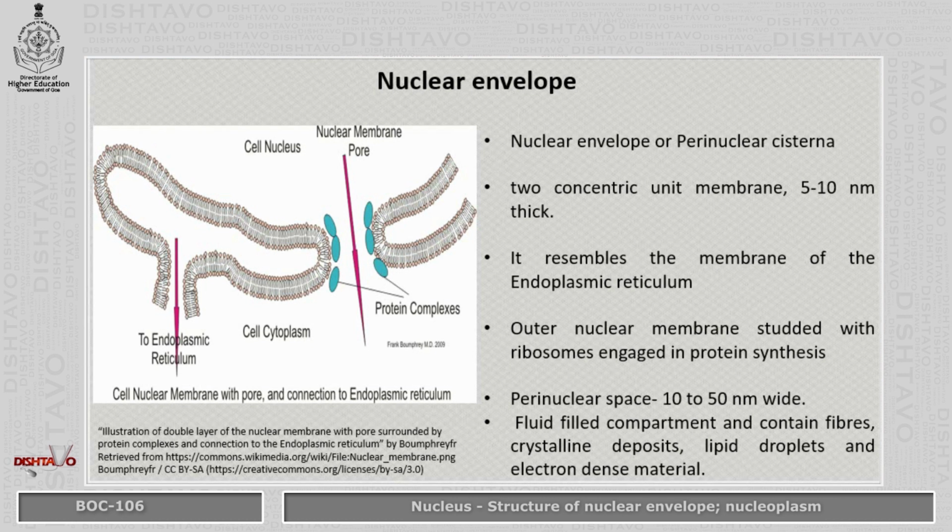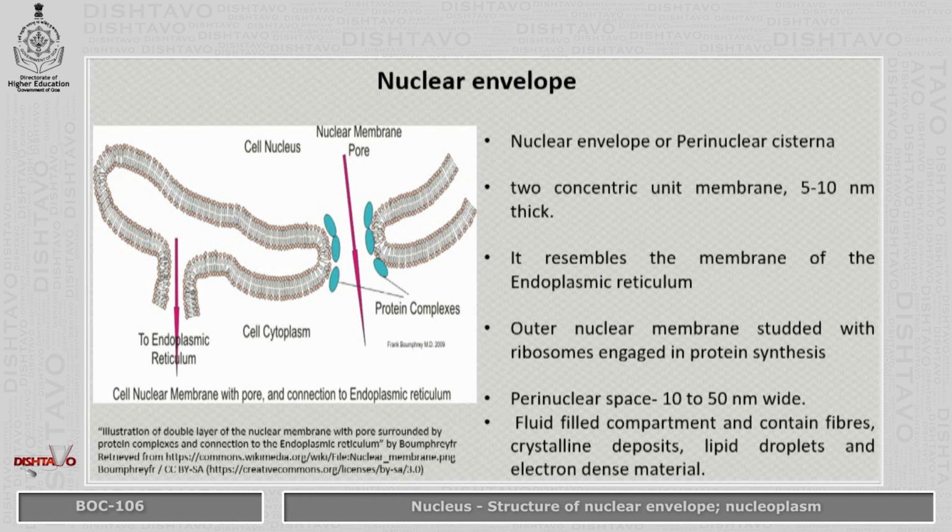Protein synthesized is transferred through this outer membrane through the lumen which is present between the two membranes and towards the nucleoplasm. The lumen is also called the perinuclear space, which is about 10 to 15 nanometer wide. This perinuclear space is filled with fibers, crystalline deposits, lipid droplets, and electron-dense material.